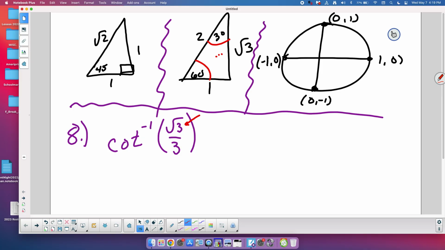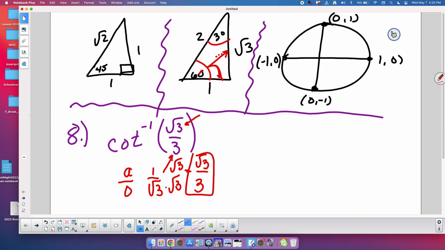So if I do 60 degrees here, adjacent over opposite. So adjacent 1 over what? Opposite root 3. Okay, is 1 over root 3 really this? Sure it is, because if you multiply by root 3, you get root 3 over 3. So that is what I'm looking for. So the answer is 60.